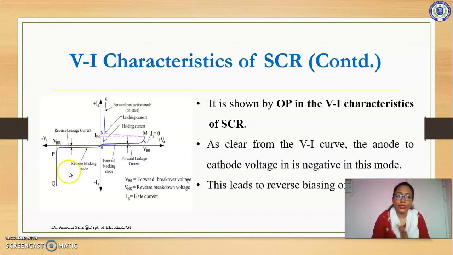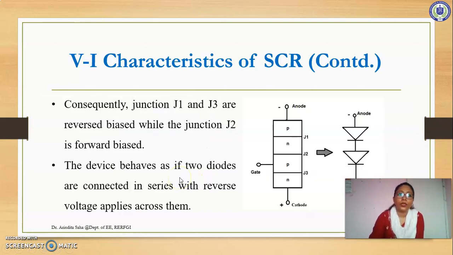This reverse blocking mode is represented by this OP region, where we can see that the anode to cathode terminal voltage VA is negative, which leads to the reverse biasing of SCR. As the anode is connected to the negative terminal and cathode to the positive terminal, of the three junctions, J1 is reverse biased and J3 is also reverse biased, but J2 is forward biased.